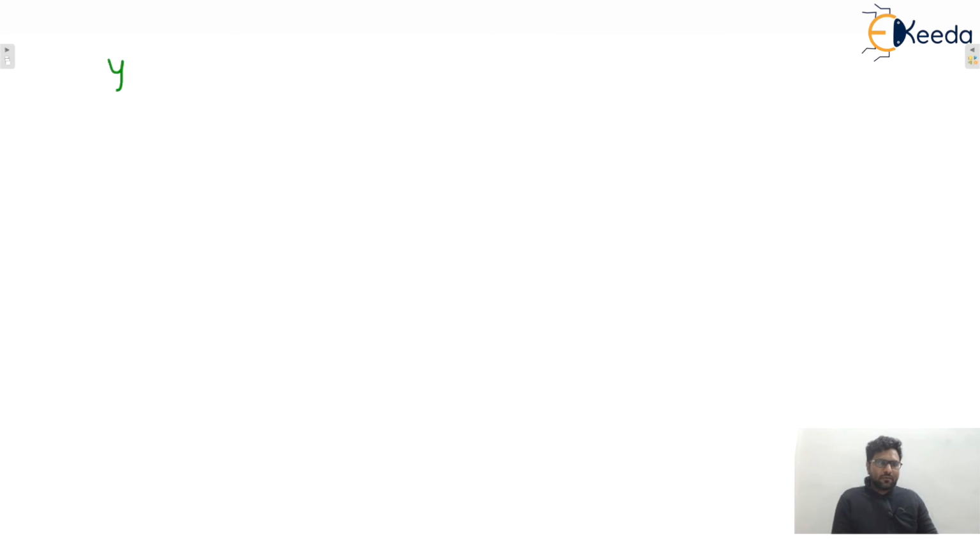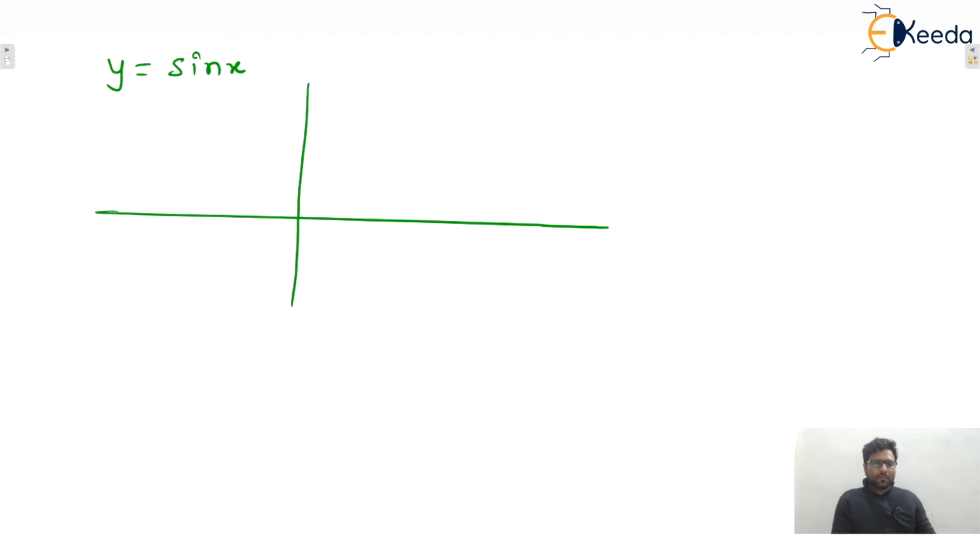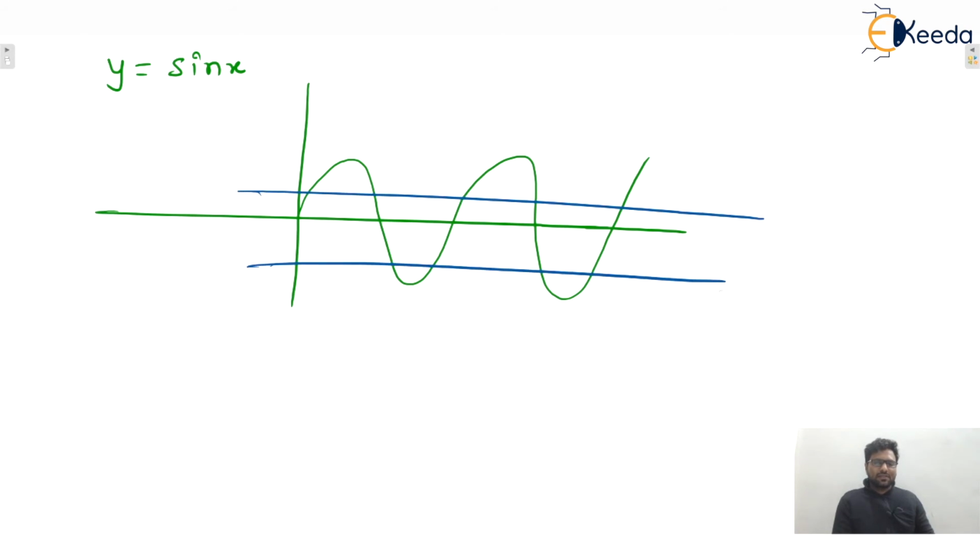Let's say this is given to you: y equals sine x. You know the graph of y equals sine x. That is the graph of sine x. Now draw the horizontal line. The horizontal straight line is intersecting at various places. The meaning of this is that wherever it is intersecting, the values are the same.